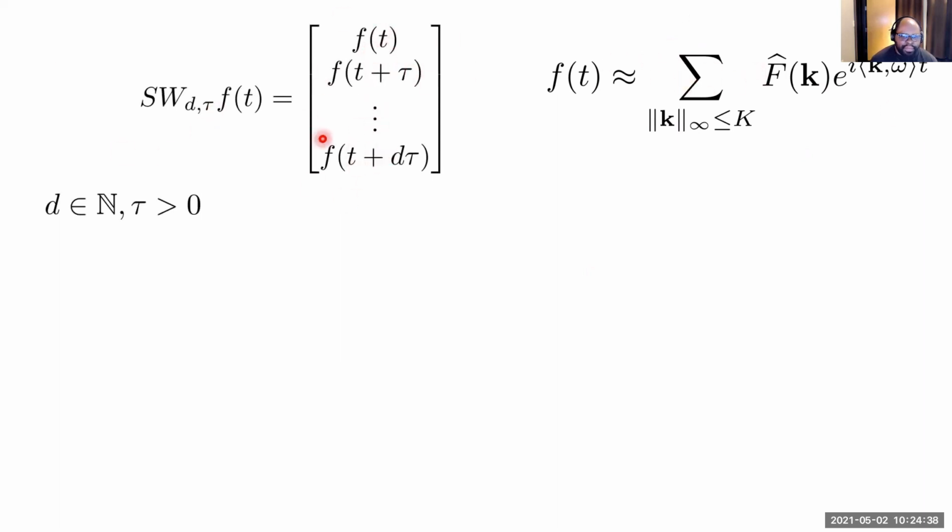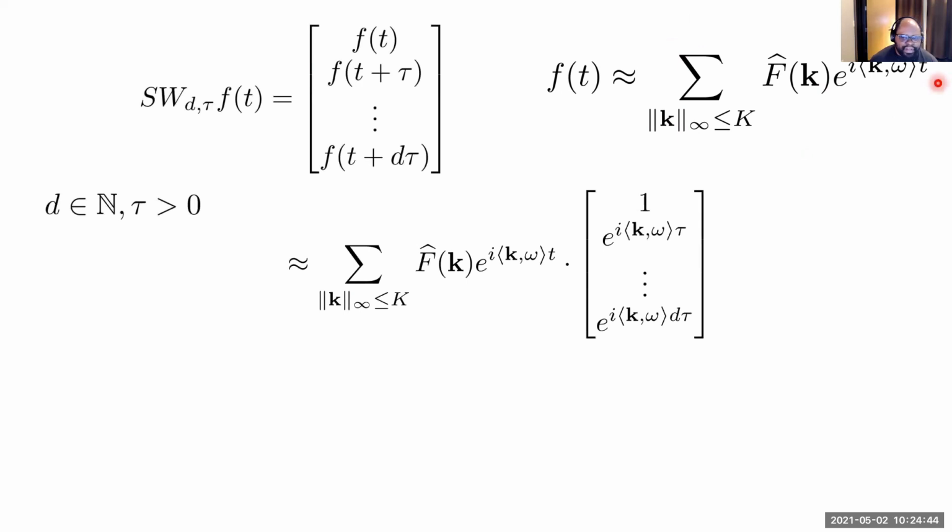If you just apply this construction to the trigonometric polynomial, or maybe trigonometric series, you get this type of decomposition, right? On the one hand this vector of exponentials, and on the other hand these coefficients that come from the Fourier decomposition.